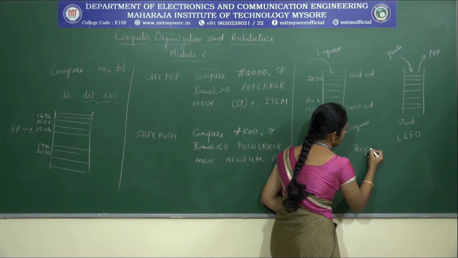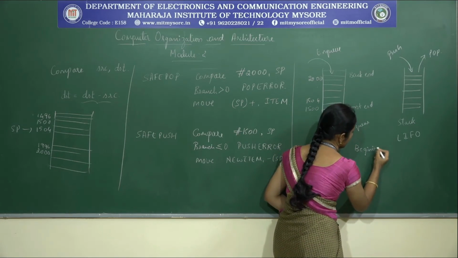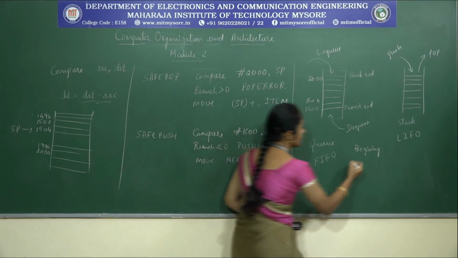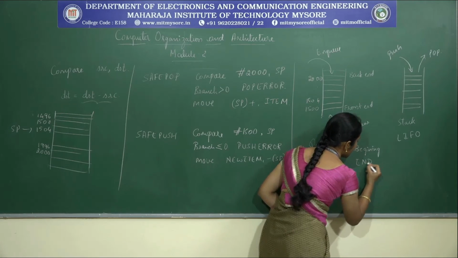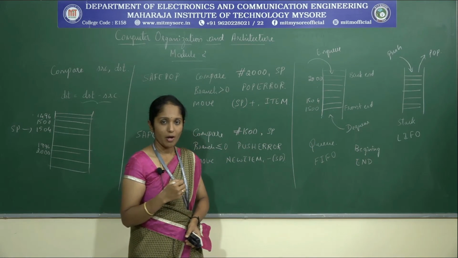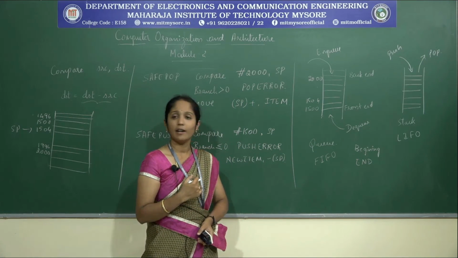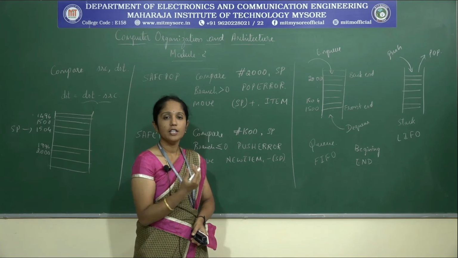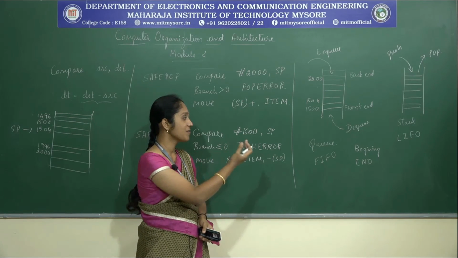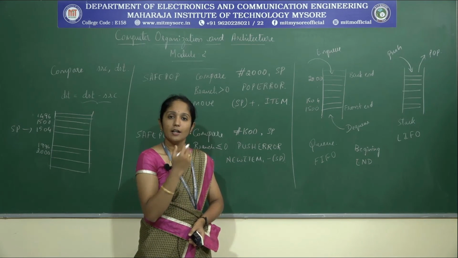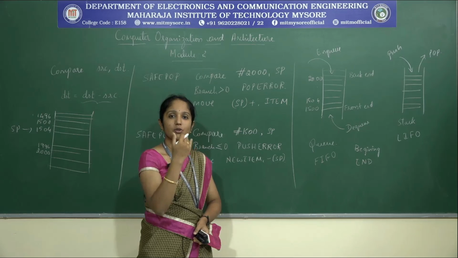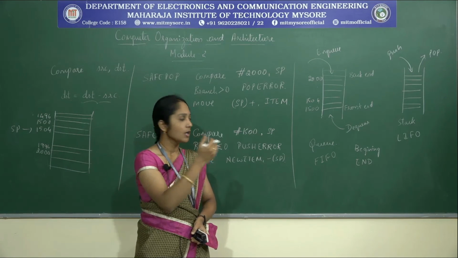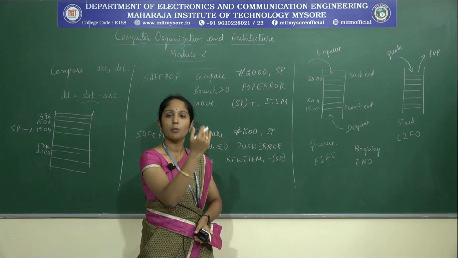Let us consider the queue starting at the beginning, and let us assume end is the memory location where the queue is going to end. Let us assume the first element is placed at the memory location beginning, and when you keep on placing successive data elements on the queue, it will move up to the end.